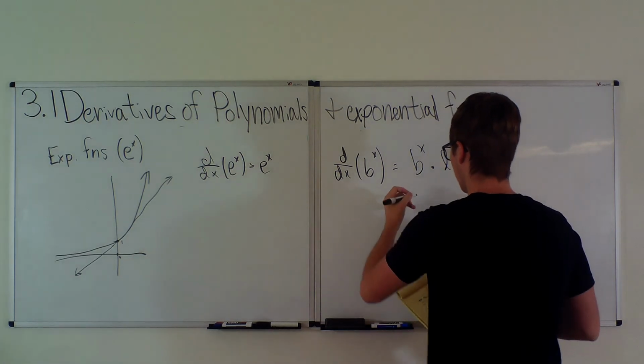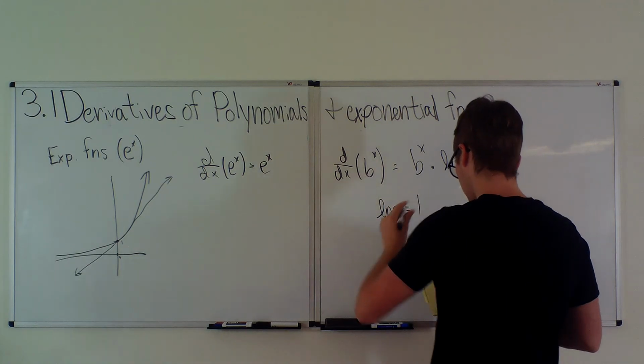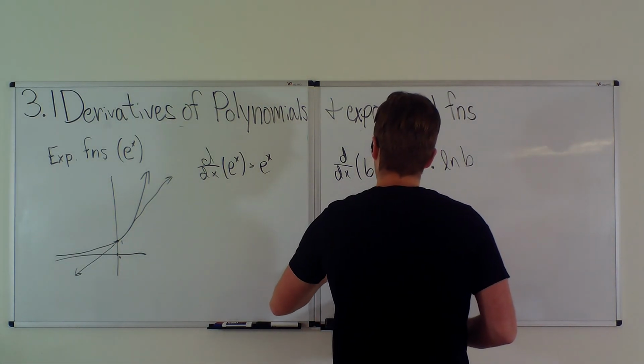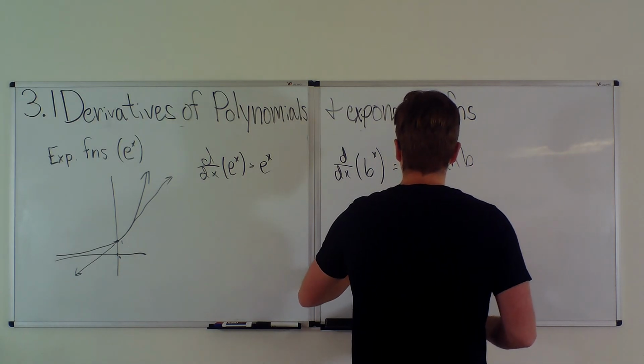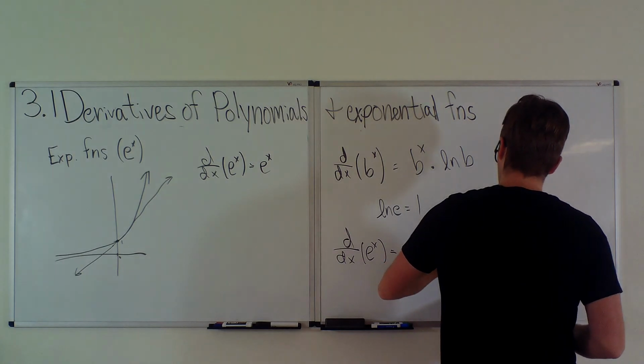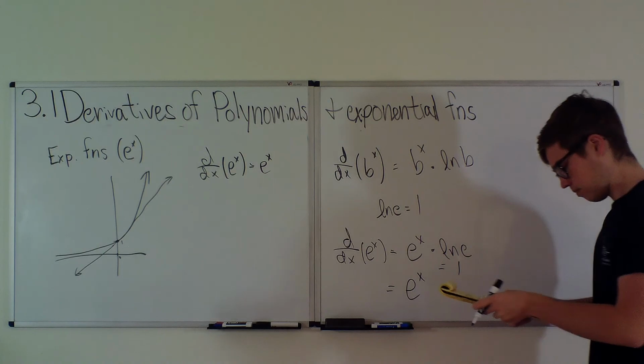And ln of e is equal to 1. So the derivative d/dx of e to the x is equal to e to the x times ln of e, which is 1, so that's equal to e to the x.